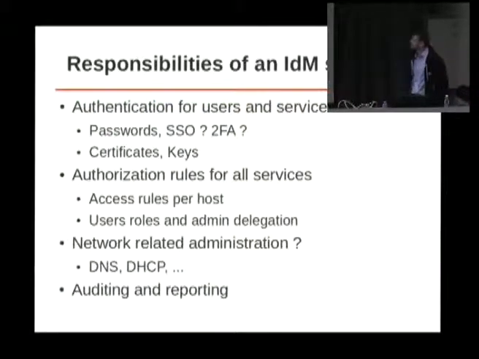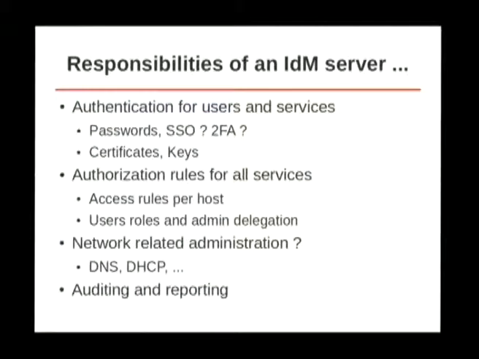So next, let's see what all these functions are that an identity management system has to perform, and why I was introducing centralization or delegation of features. So, of course, an identity management system needs to be able to identify users, and in the computer world that means authenticating users and also services.